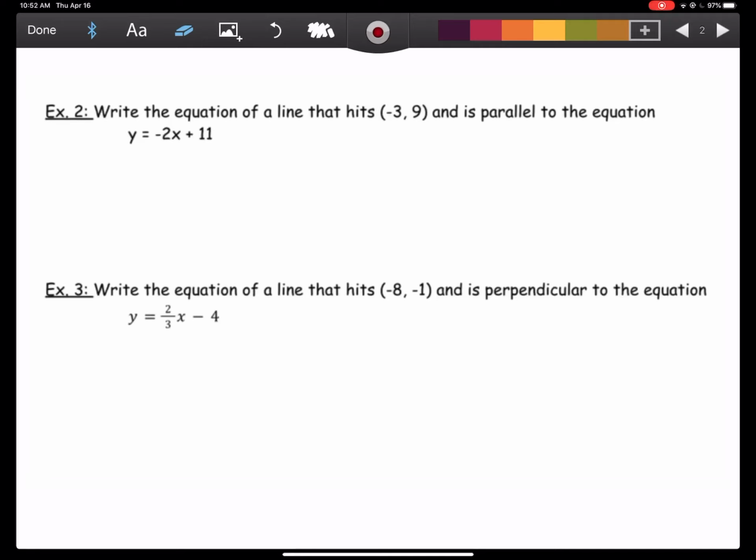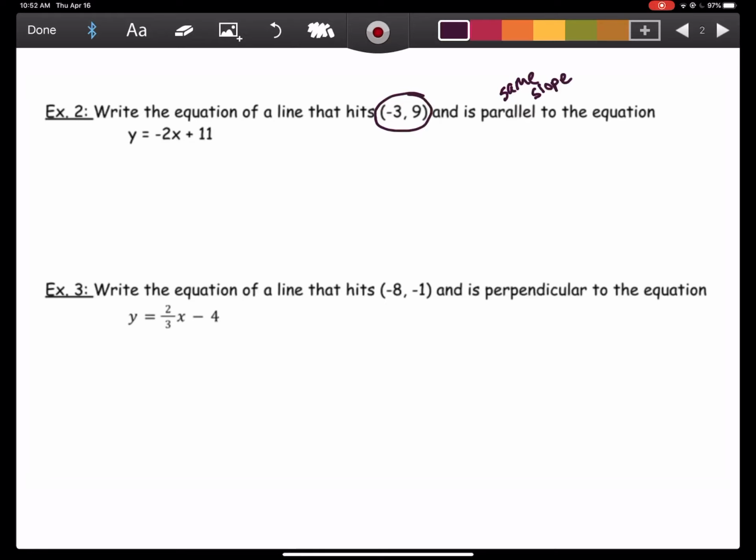So if something is parallel to an equation, that means it has the same slope. Hopefully you found that when you typed it up on Google or something. Okay, parallel lines have the same slope. So that's the first thing we need to bring to this problem. The second thing we need to understand is they gave us a point again.